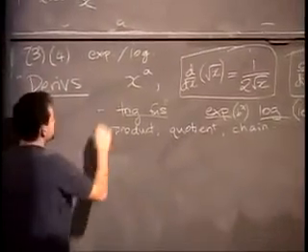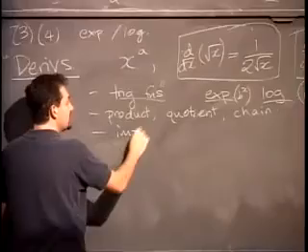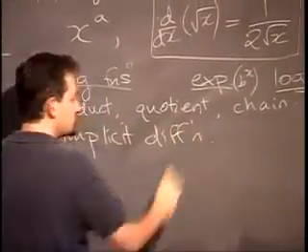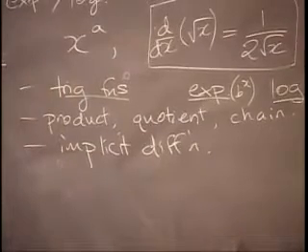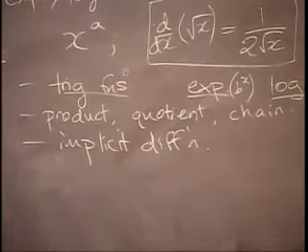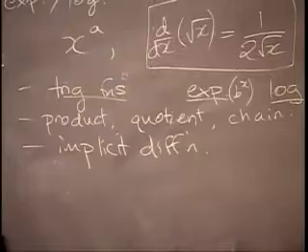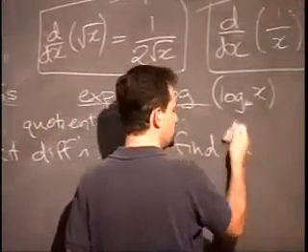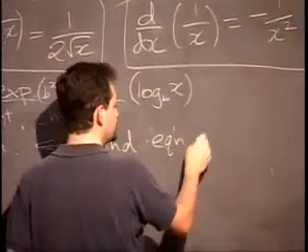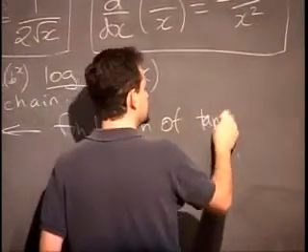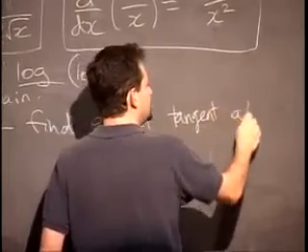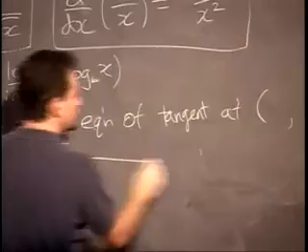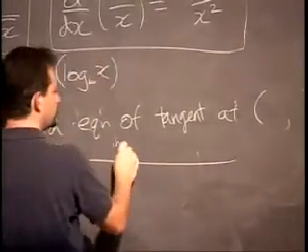Also on the line of derivatives, make sure you know how to differentiate implicitly. That's just the chain rule, but it's a little tricky. The particular implicit differentiation question that comes up all the time is: find the tangent equation, or the equation of the tangent line, at some point for some implicit relation.